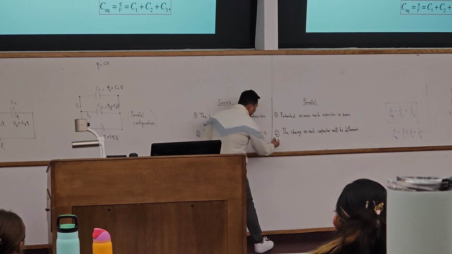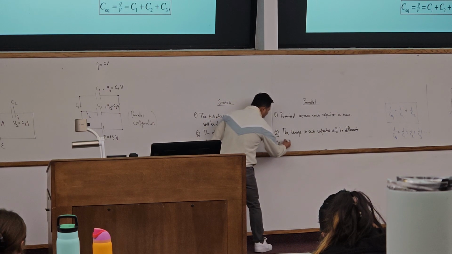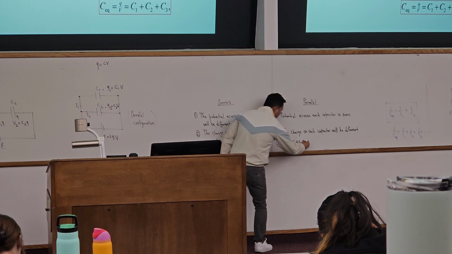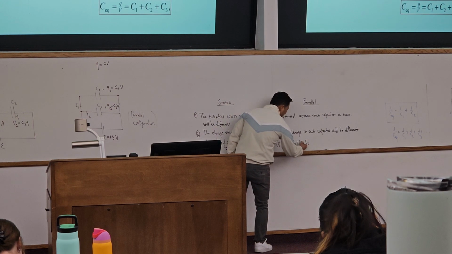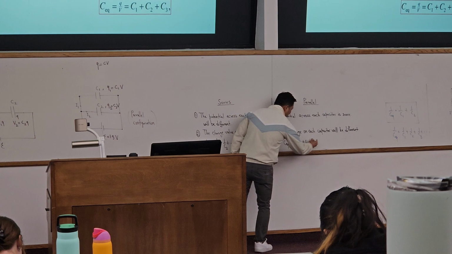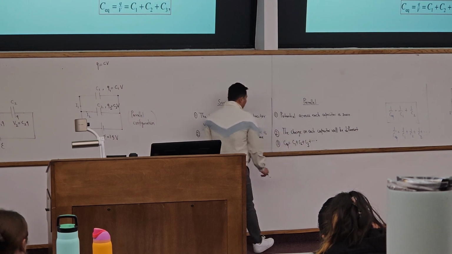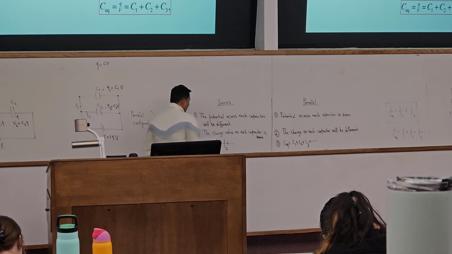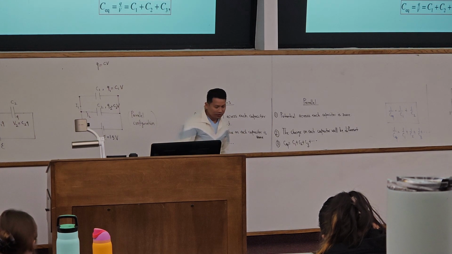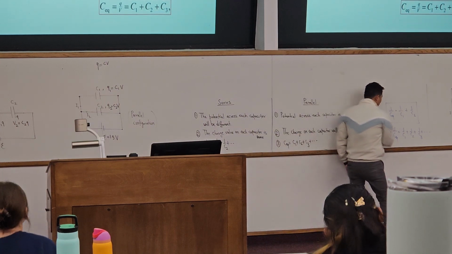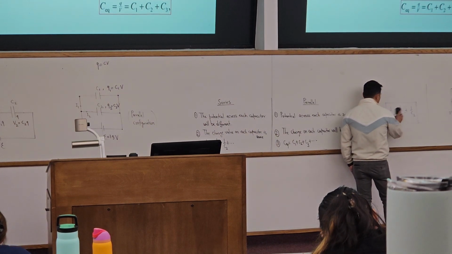But in parallel, if you want to find the net or equivalent capacitance, you can simply add C1 plus C2 plus C3, or keep on going. So this is the difference between the series and parallel configuration of a capacitor. This is going to be very important for your true and false and multiple choice questions especially.